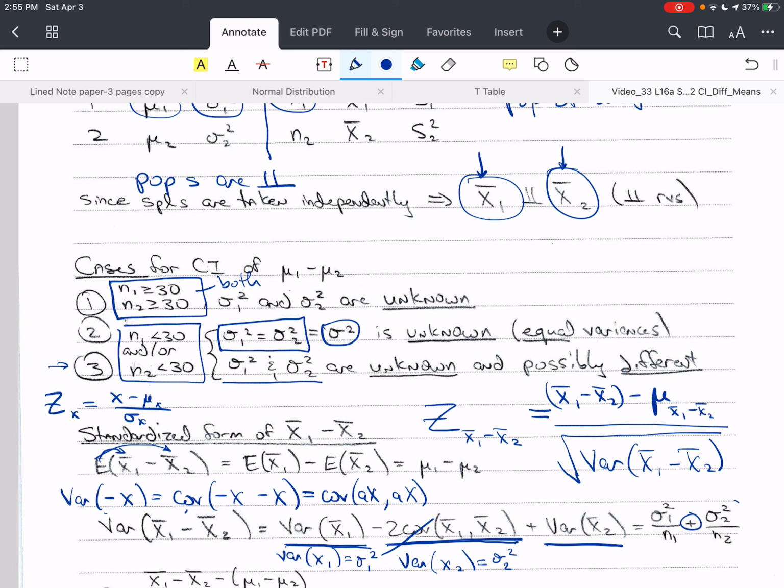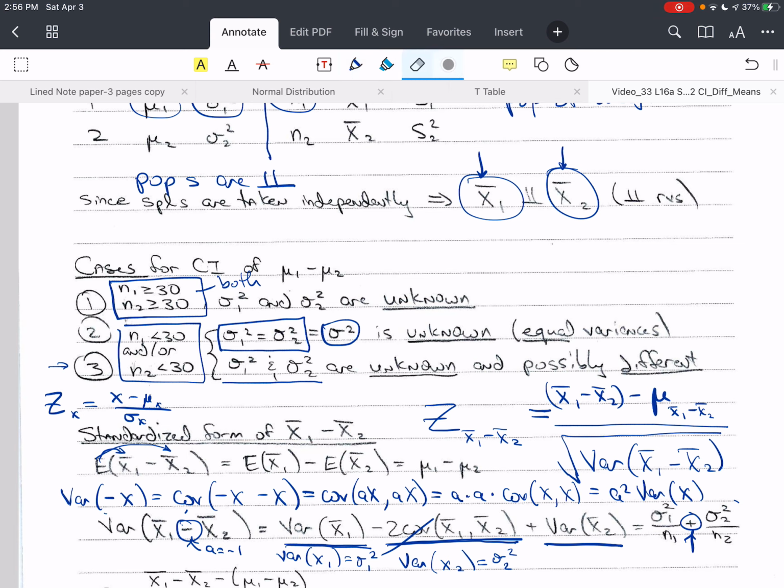So negative 1 is A. This means we bring out each of the constants and multiply them. So we take A times A times the covariance of X with X, which is equal to A squared times the variance of X. In this case, A is negative 1, so A squared is positive 1, and that's why we end up with the positive.